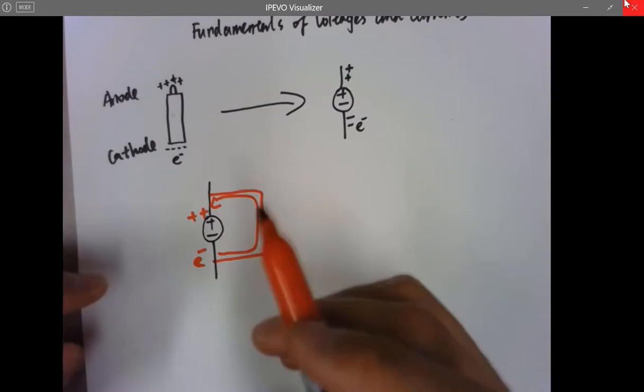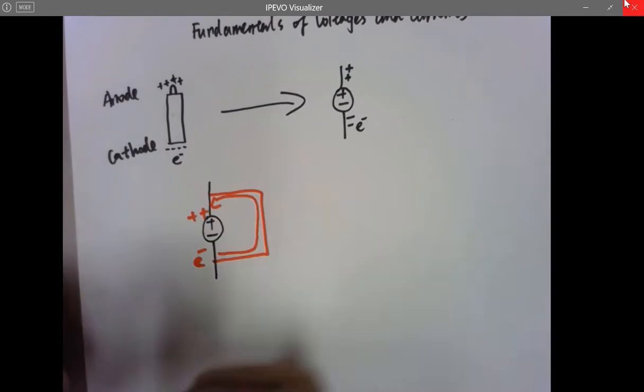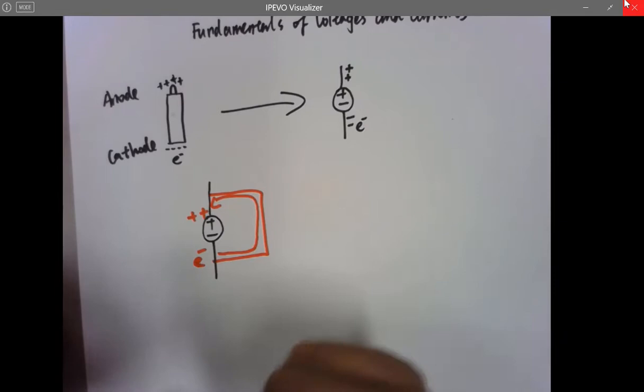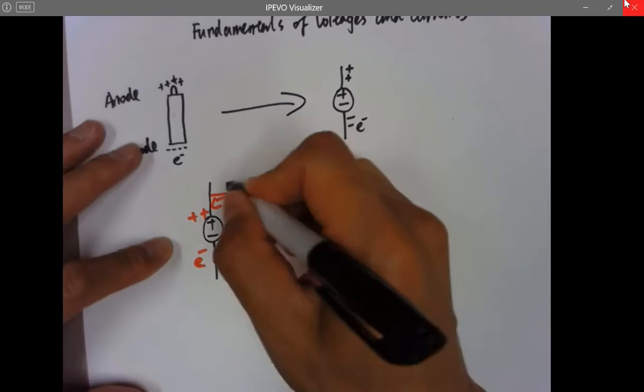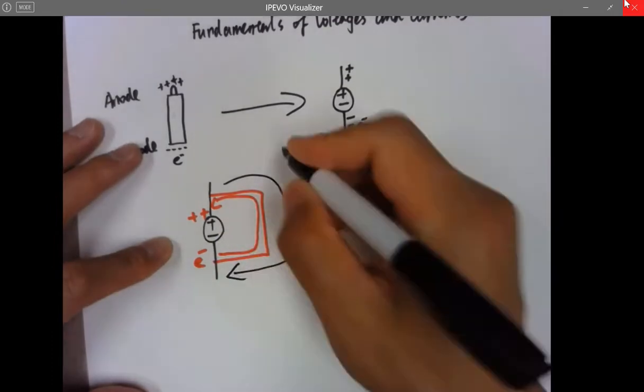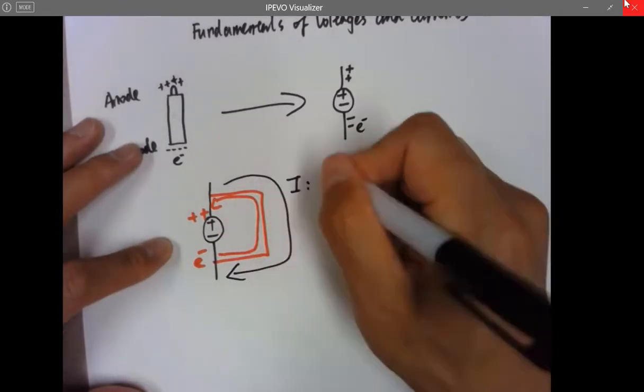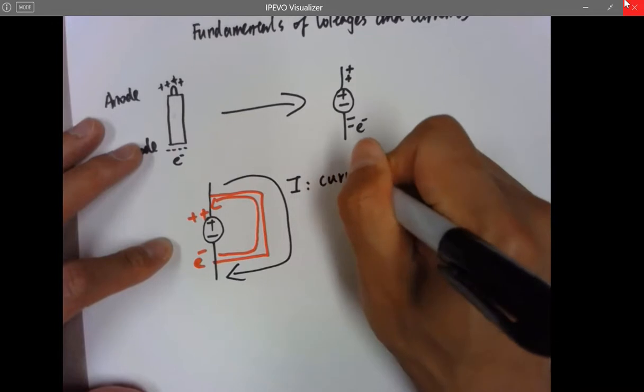And then we define the other direction, so the direction opposite to the electron flow's direction, as the direction of the current. So this is called I, and we call it current.